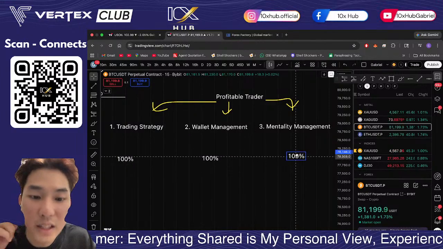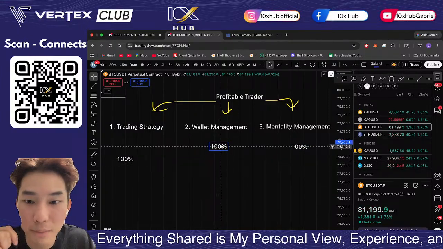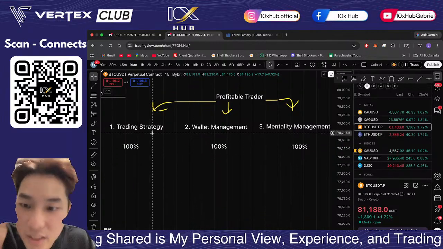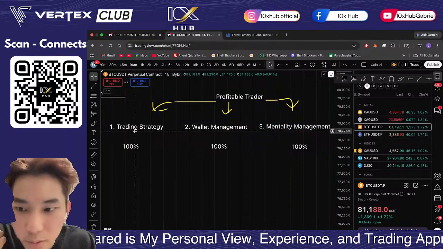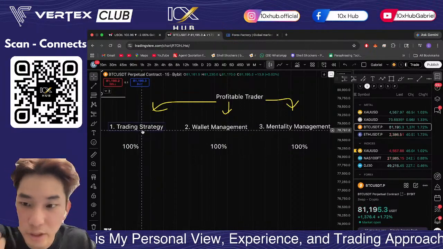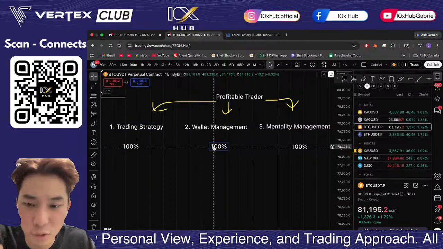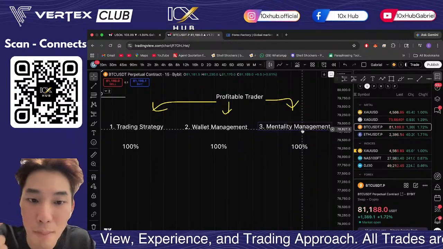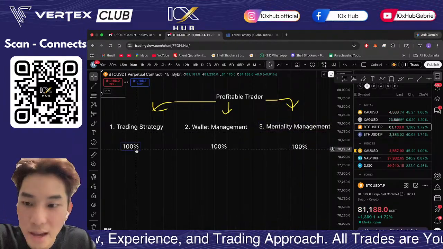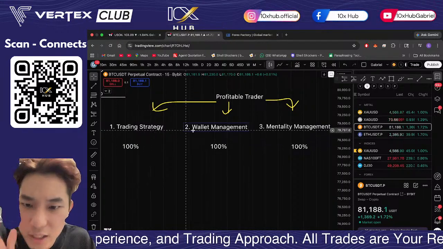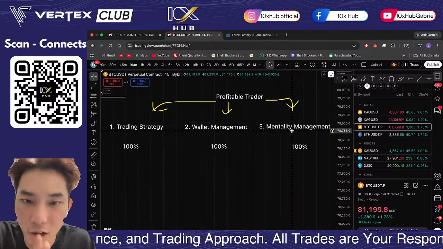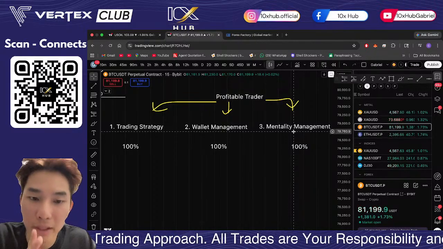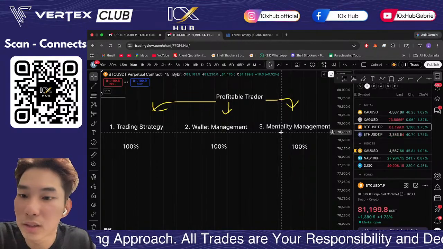So if we really want to become a profitable trader, we need 300% across these three things: 100% in trading strategy, 100% knowledge in wallet management, and another 100% in mentality management. Once we have 100% in each big pillar of trading, congratulations, you will soon become a profitable trader.